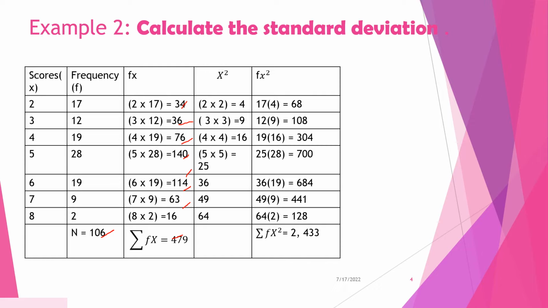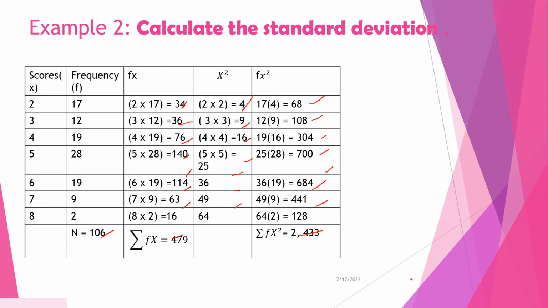Okay, for x squared, that means we will square the x or the score. So we have 4, 9, 16, 25, 36, 49, and 64. Then for fx squared, we need to multiply the frequency and the square of x. So we have 28, 108, 304, 700, 684, 441, and 128.